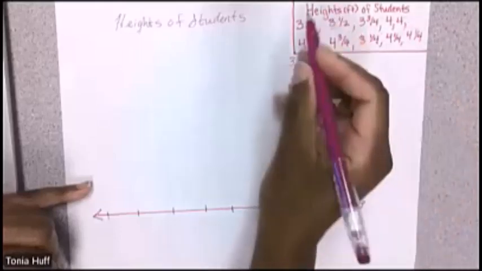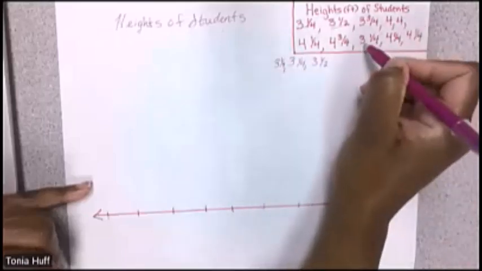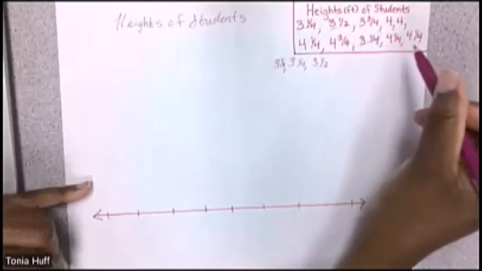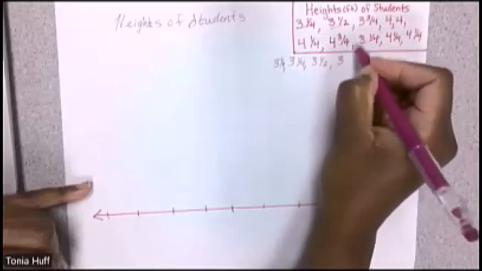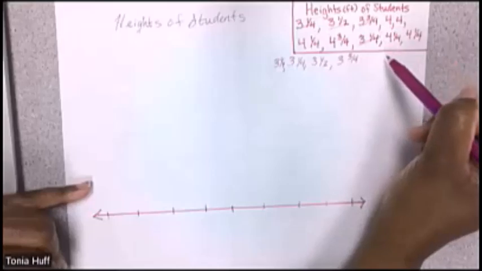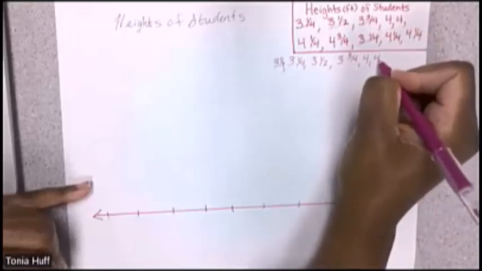Oh, I had another 3 1/4, so I'll just place it right here. 3 1/4. I missed that one the first time. See, this is what students would do when they're counting, right? So that's why it's a good idea to place them in order. 3 3/4. Okay. Then I have fours. I have some fours. 4, 4.